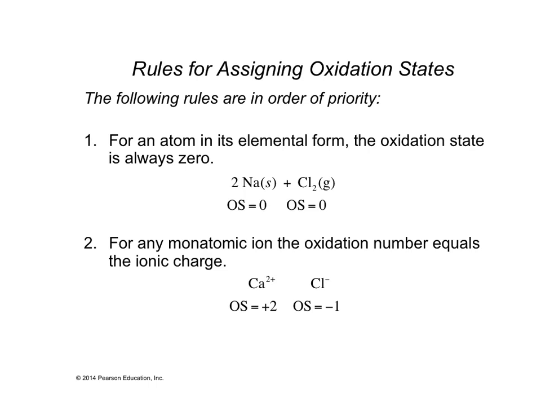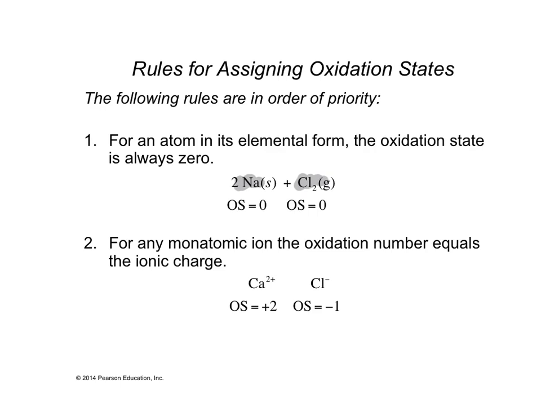The first one is that anything that is in its elemental form, its natural form, the way you would find it in nature, has an oxidation state equal to 0. If we went back to our sodium reaction and our chlorine reaction, we would have assigned the oxidation state of both of these. Sodium's oxidation state would have been 0, chlorine's oxidation state would have been 0.